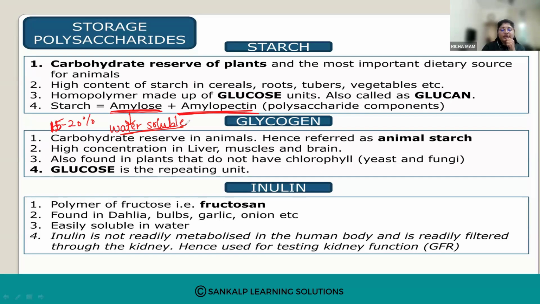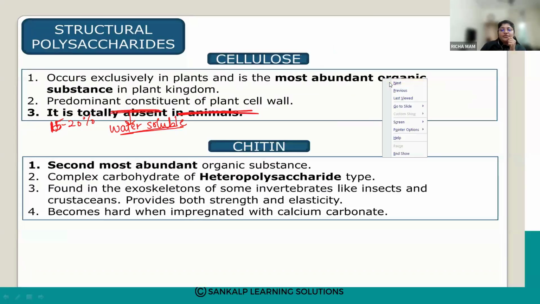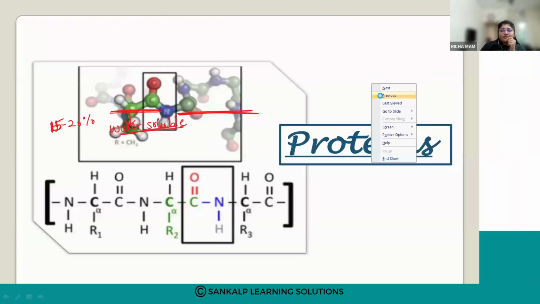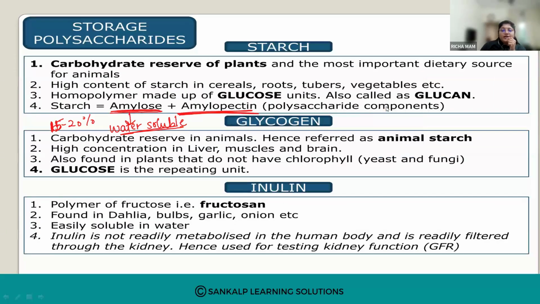The alpha D glucose units are joined in a straight chain form.